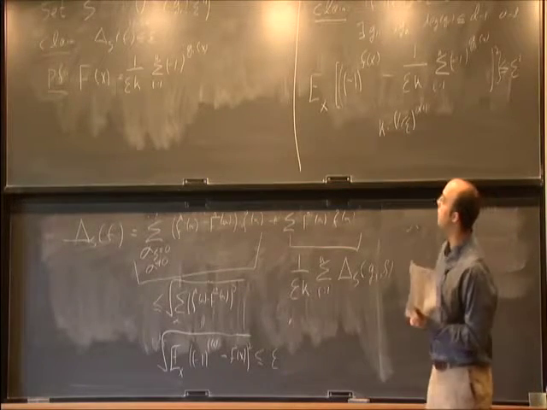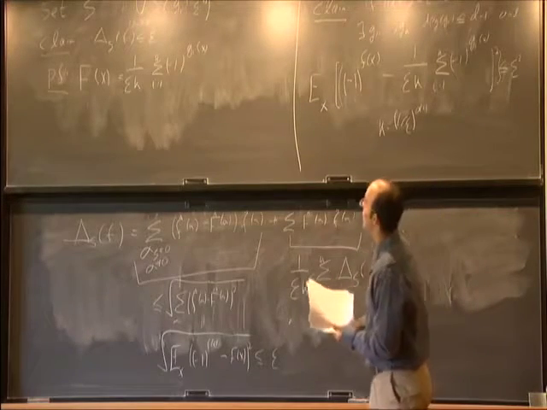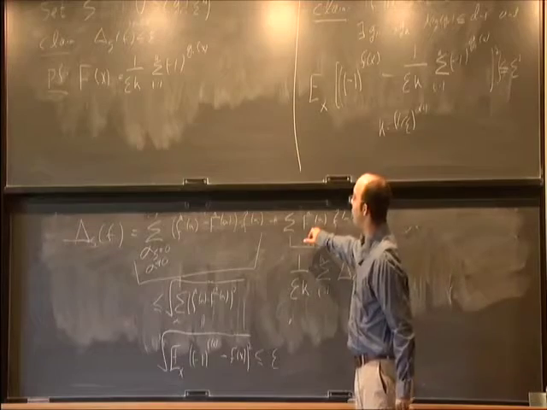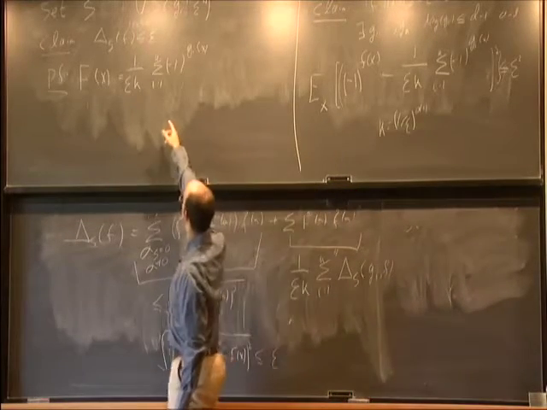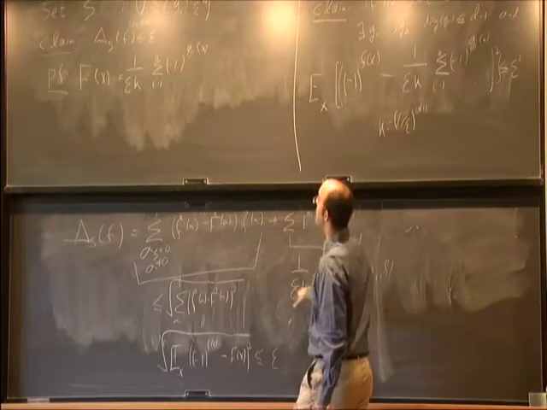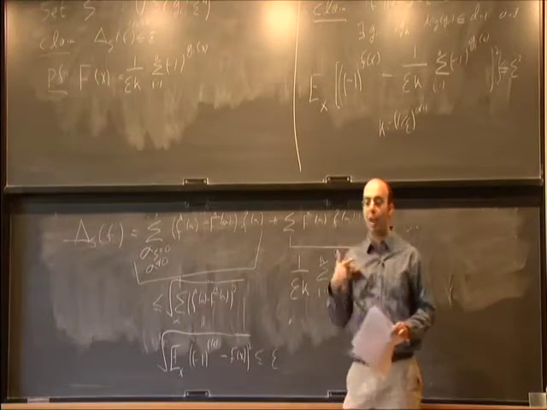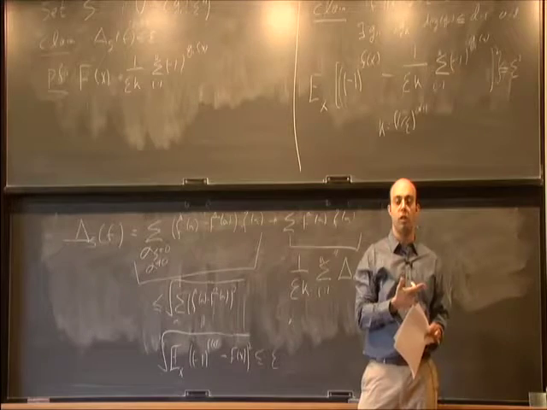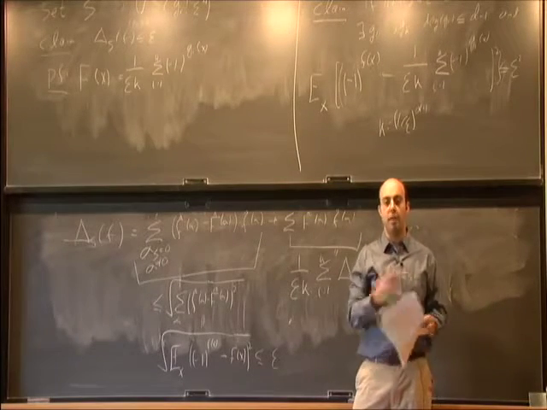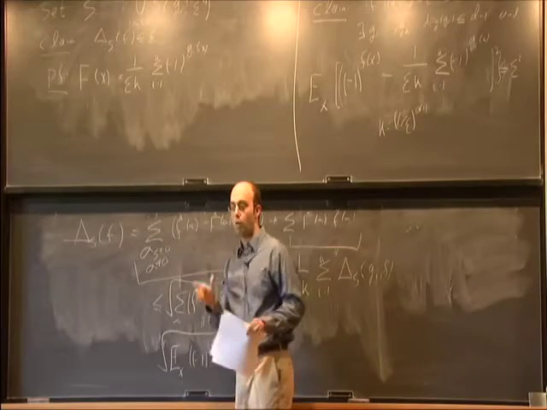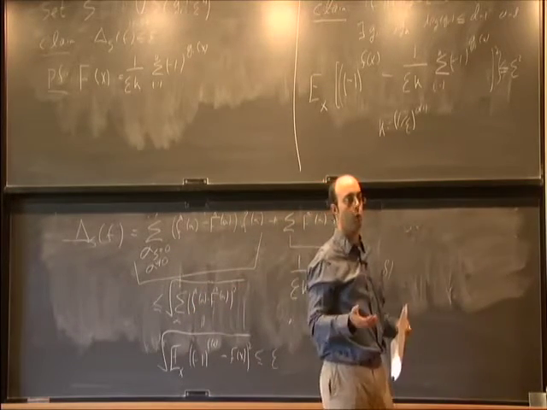Let's repeat it again, maybe it's not clear. Capital F was just this average, so 1 over epsilon k comes down, and we sum over all those functions. For each one, we look at the alpha Fourier coefficient of it times the alpha Fourier coefficient of small f, summing over all the Fourier coefficients of this specific form, which are 0 on S except for the 0 Fourier coefficient.